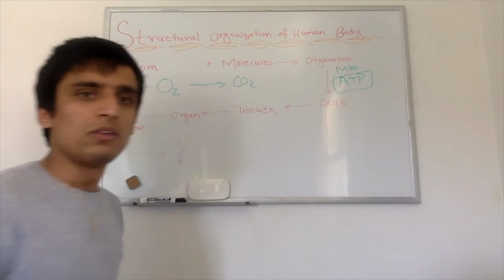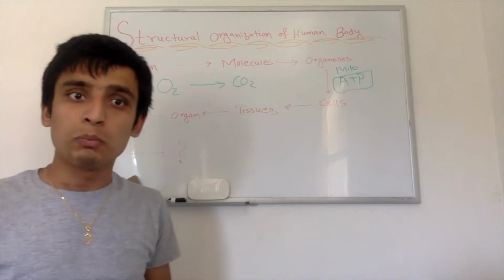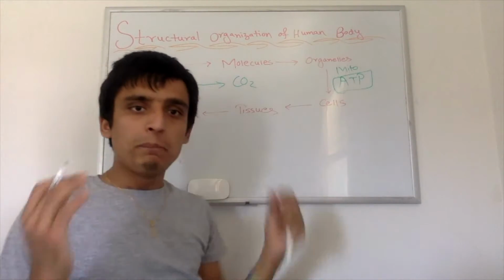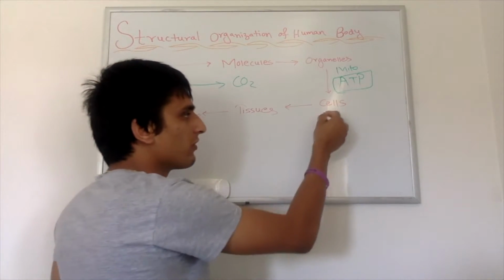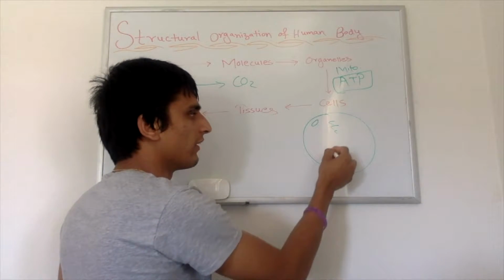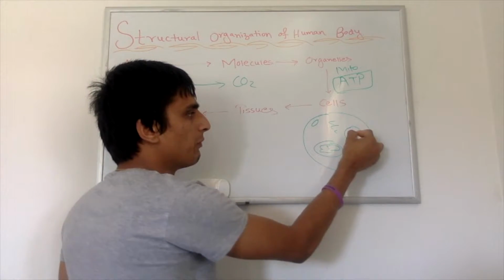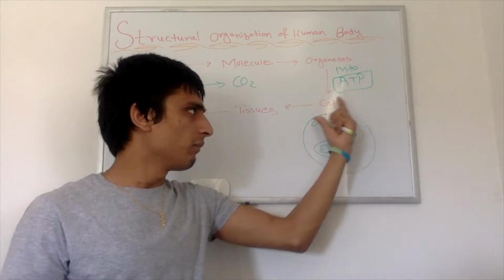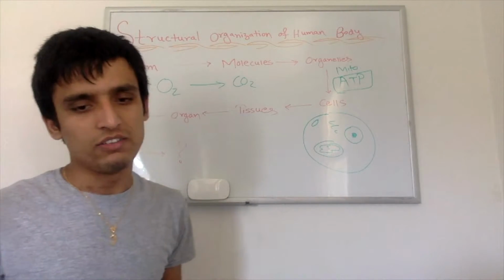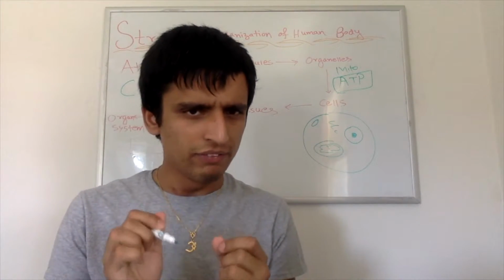When organelles like mitochondria, chloroplast, and Golgi apparatus combine together, they form a sac-like structure where the different structures are present, where the nucleus may be present. This whole structure where the different cellular organelles are present is called a cell. And remember that the cell is the smallest unit of living things.